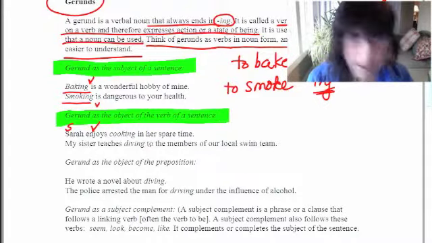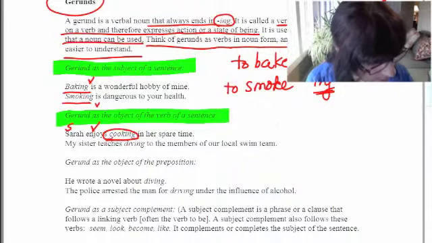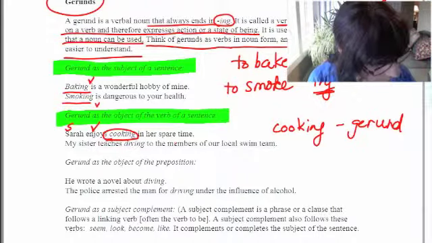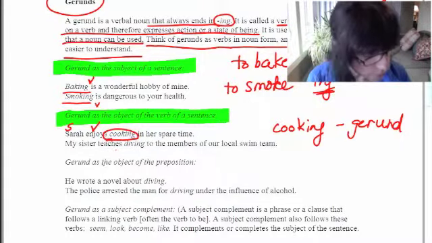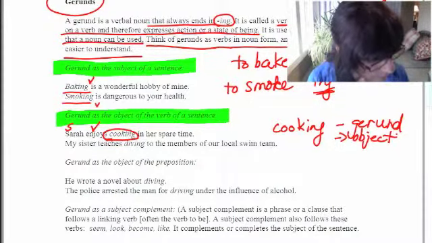So cooking is no longer the verb. It sounds like it's the verb because it comes from the verb cook. You've got the ing, so it's called a gerund, and its function is it's the object of the verb because it's telling you what she enjoys. She enjoys what? She enjoys cooking. So in this case, cooking is the direct object. So it's object of the verb.